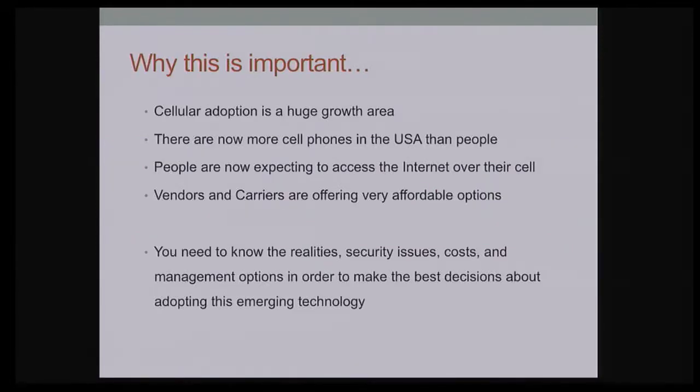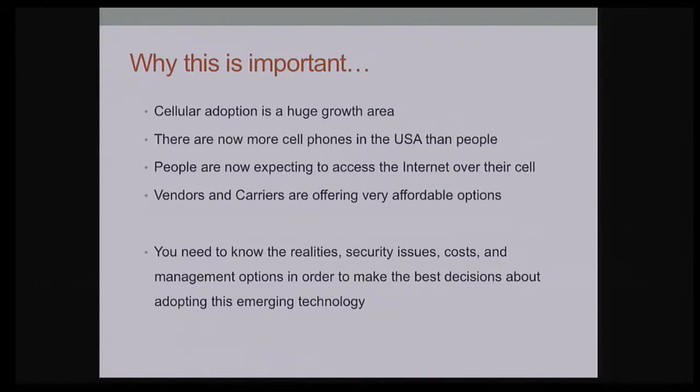Cellular adoption, obviously, is no mystery. There's huge adoption going on today. In America, there are more cell phones than there are people. And I think that's true around the world, 4 billion people and 3.7 billion cell phones in the world. But what's really surprising is that in the last few years, the trend's shifting for people using cell technology to access the internet.